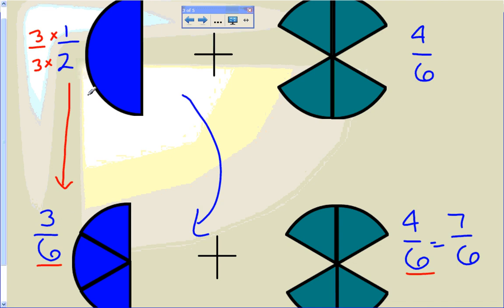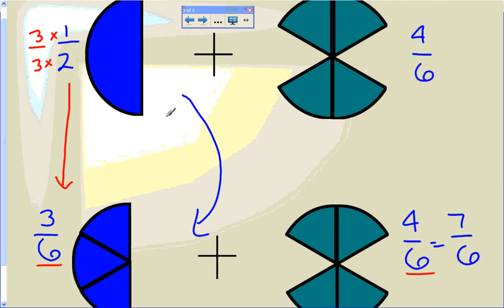So it's really just the same number. I didn't change anything. All I did was break this up into pieces so that they were the same size pieces as the other shape. In technical terms, or more confusing terms, that means find a common denominator. But really, you're just trying to get everything into the same size pieces.